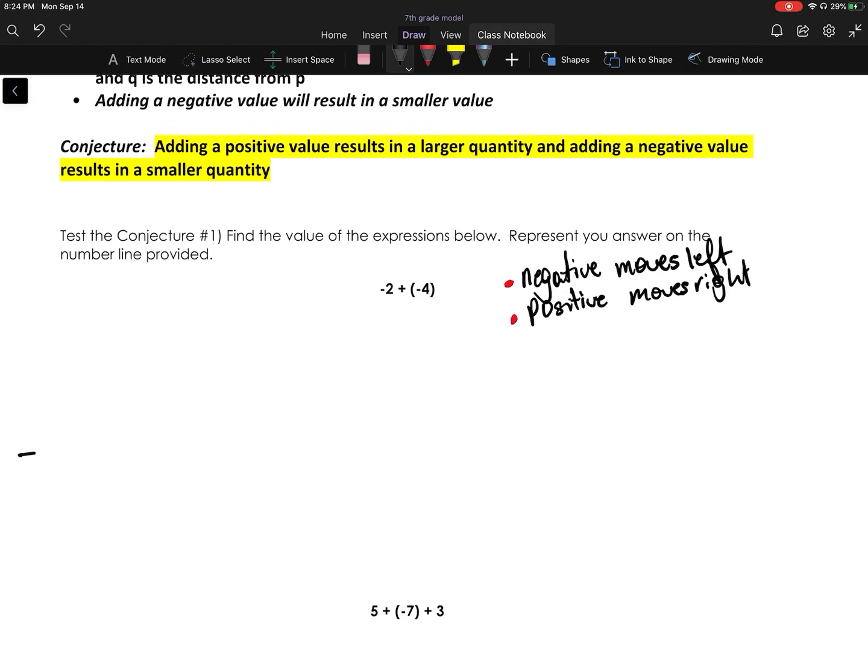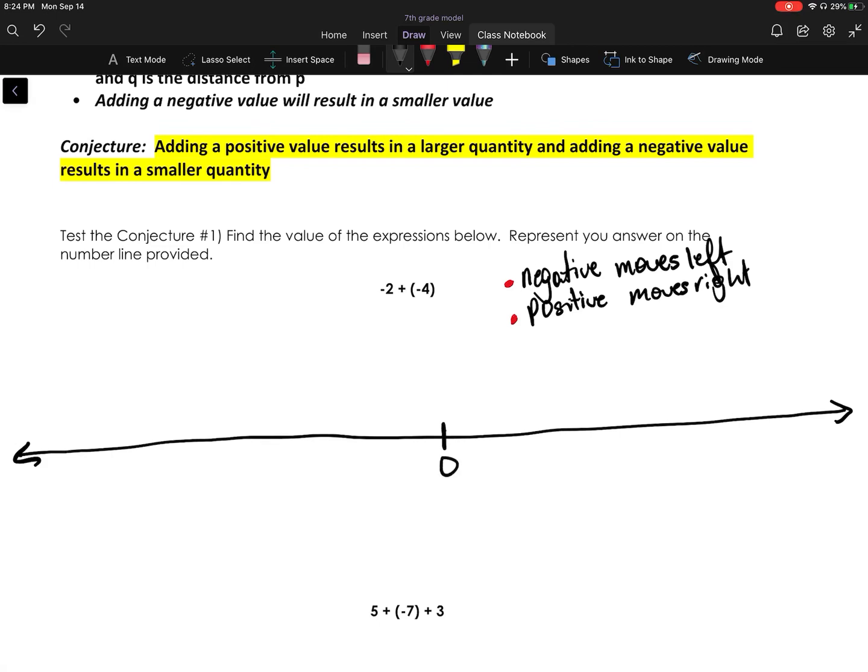So let's draw the number line. The first thing I'm going to put on my number line is that 0. Okay? I'm going to have my equal intervals going here, trying to make sure that it's uniform. On the other side, the same thing, uniform ticks going on the other side.